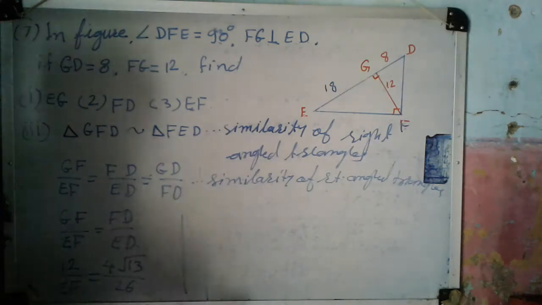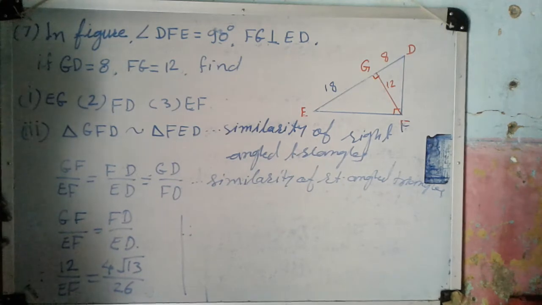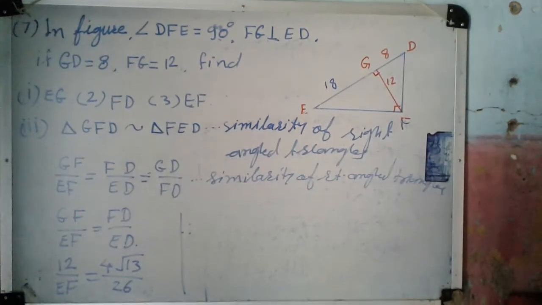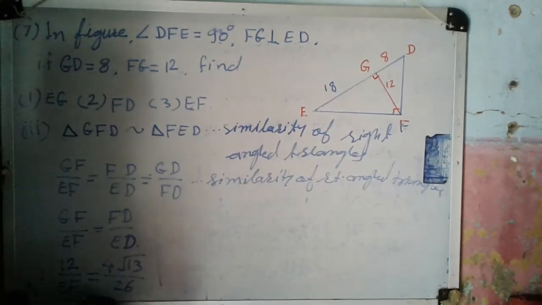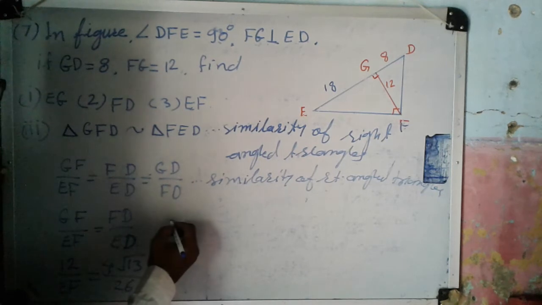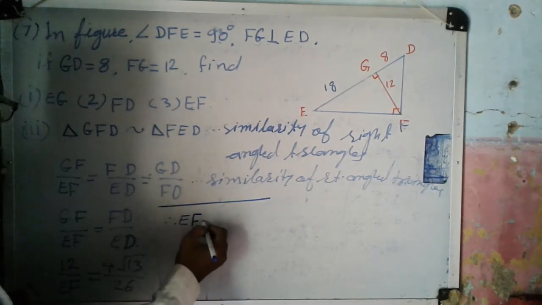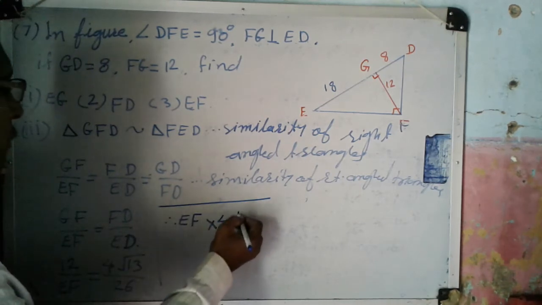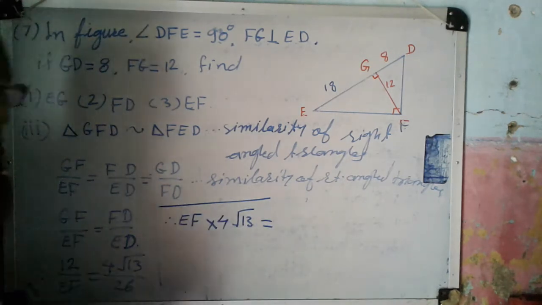So by cross multiplication we get EF multiplied by 4 root 13 is equal to 12 multiplied by 26.